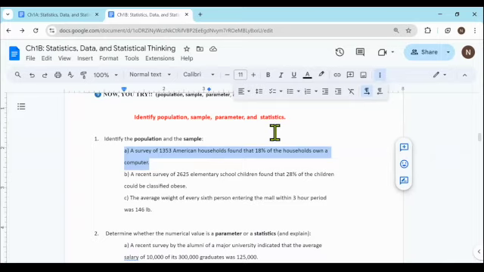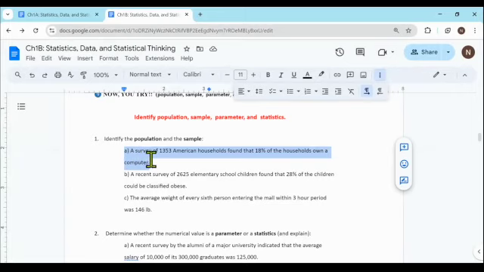B, a recent survey of 2,625 elementary school children found that 28% of the children could be classified obese. C, the average weight of every sixth person entering the mall within a 3-hour period was 164 pounds.